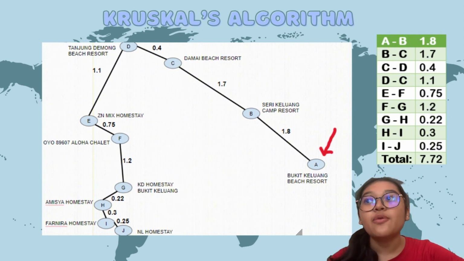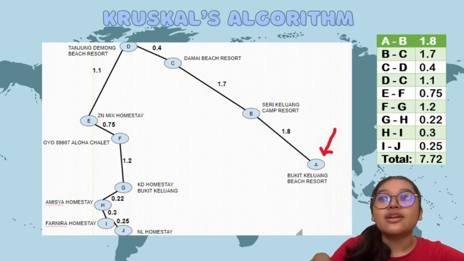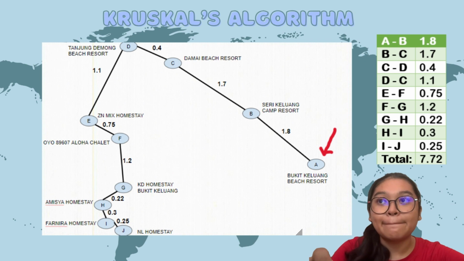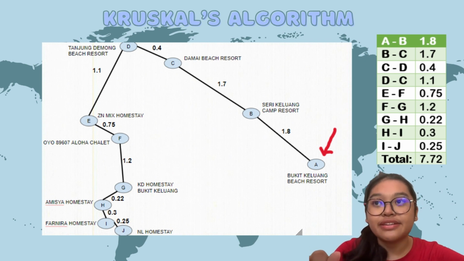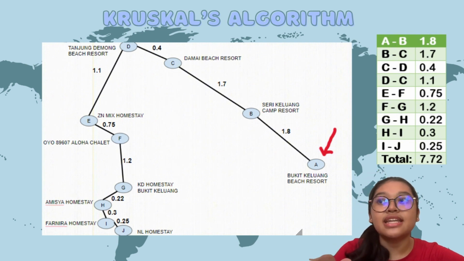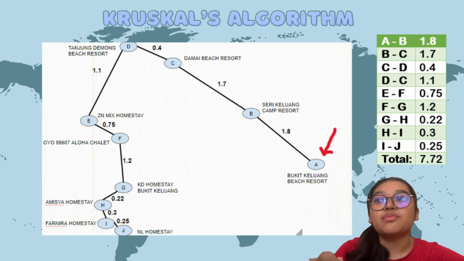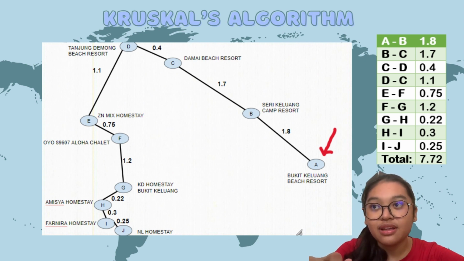I want to continue to talk about the Kruskal algorithm. First, we need to look at the graph edges and find the shortest edges, starting with A. Then A to B is 1.8 and B to C is 0.4. After that, D to C is 1.1.